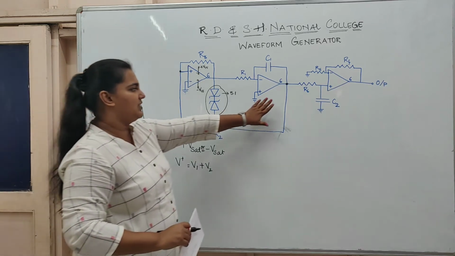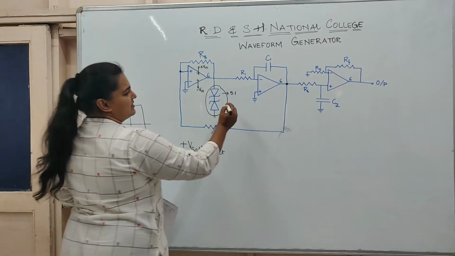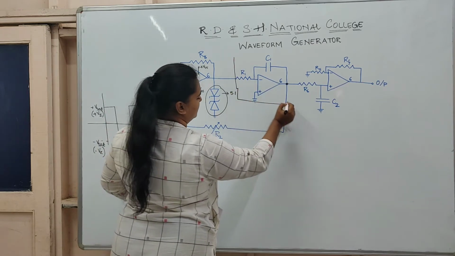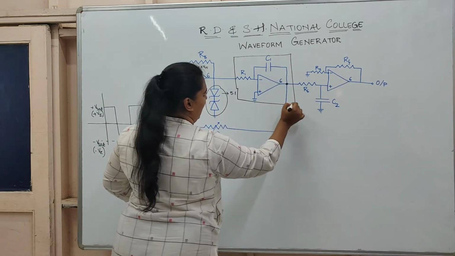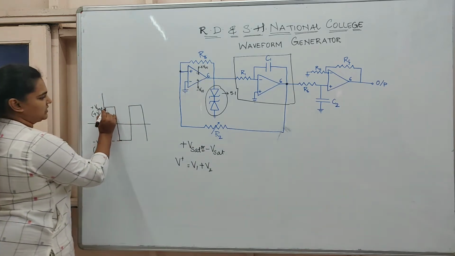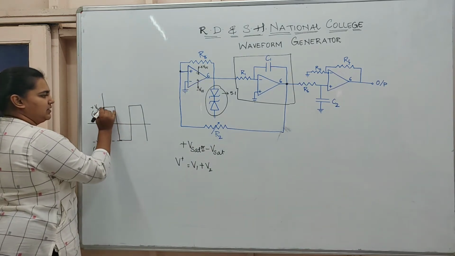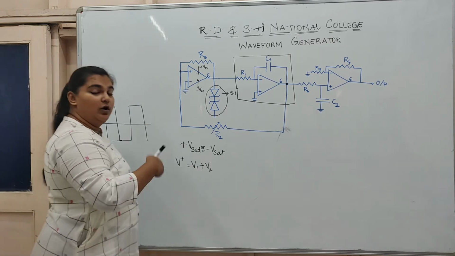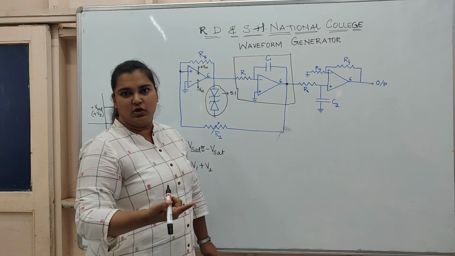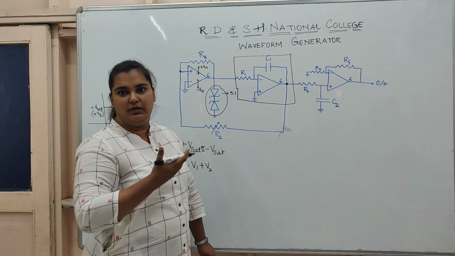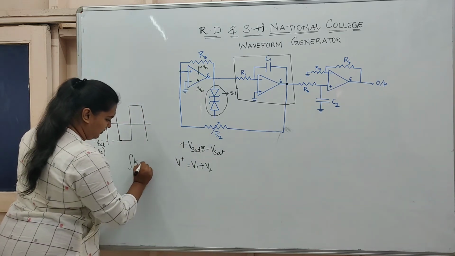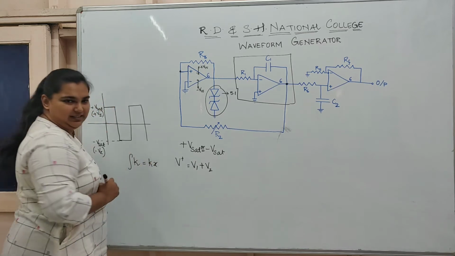Now moving on to the second one. This is nothing but an integrator circuit. Now as you can see, you are getting constant values. This is either plus VSAT or minus VSAT, which is a constant. What do you get when you integrate a constant? You get a linear value. So if the constant is K, integration of K gives you Kx.